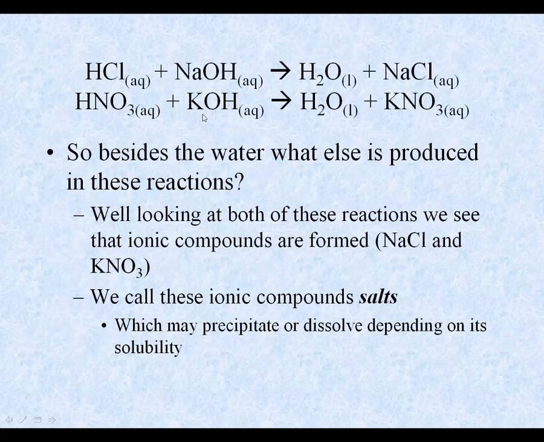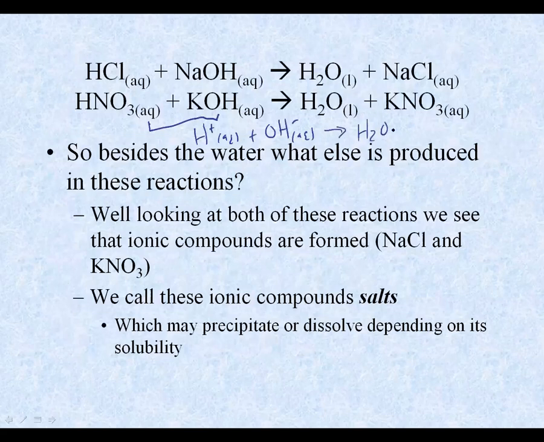And if you went through all the steps that we just did on the previous one for this reaction, you will also end up in the exact same spot for your total ionic equation. Again, in that last one, it's basically the H plus from the nitric acid coming together with the OH minus from the potassium hydroxide.